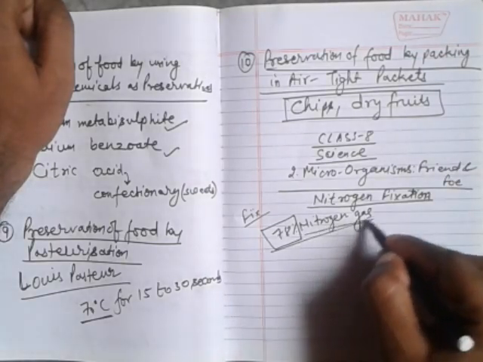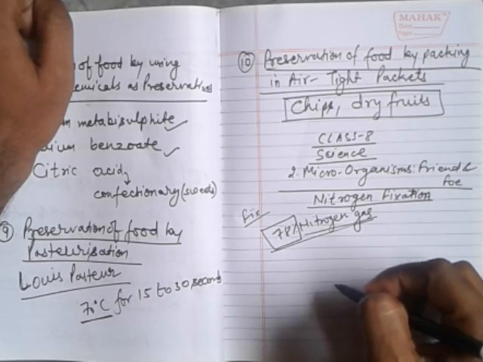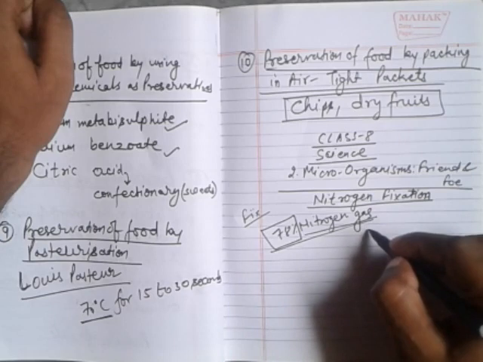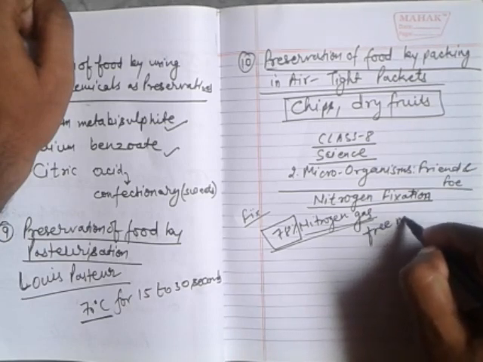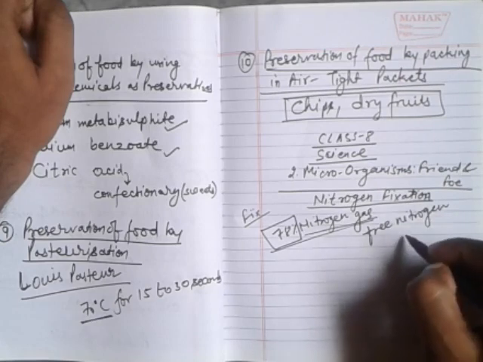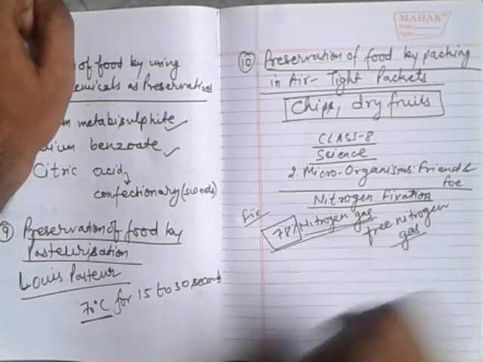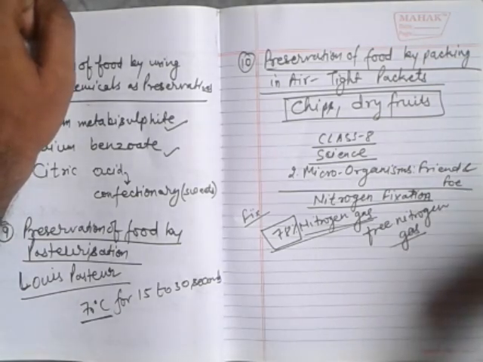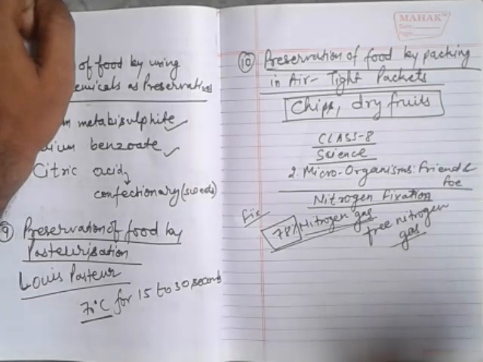This nitrogen is called free nitrogen gas or molecule, and the free nitrogen gas cannot be utilized by the plants directly.